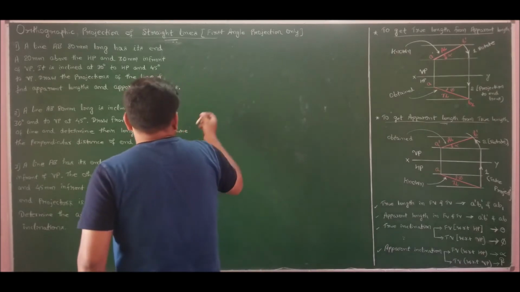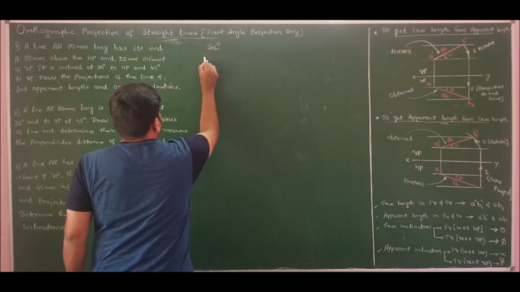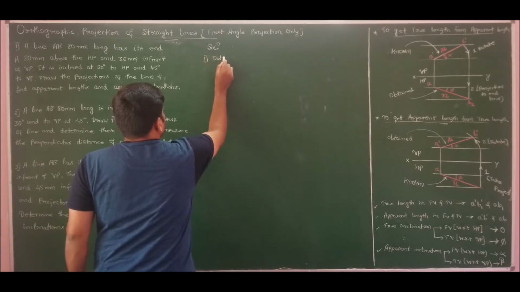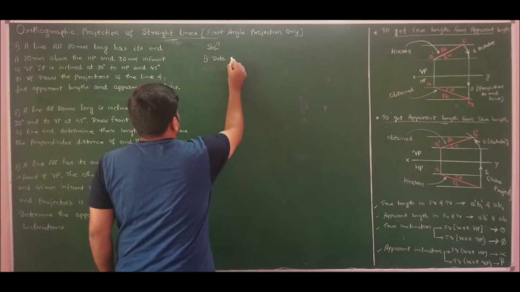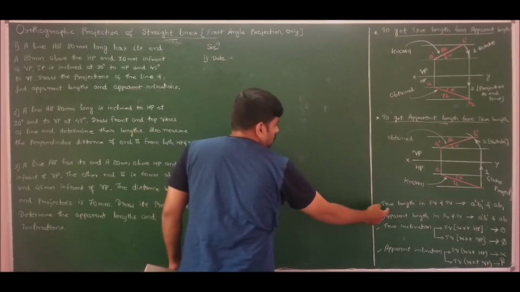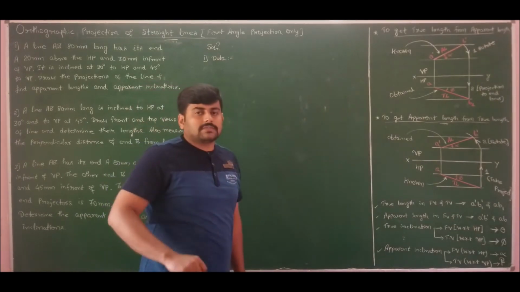If I list the data given for problem number 1, the true dimension of the length is given to us. The true length of the line remains the same both in the front view as well as in the top view.